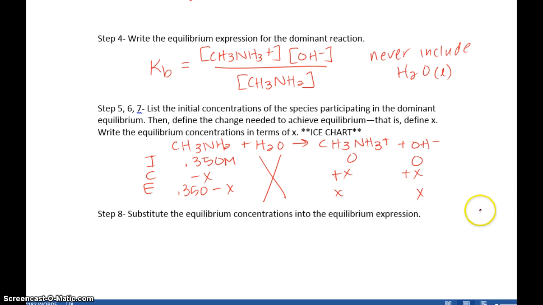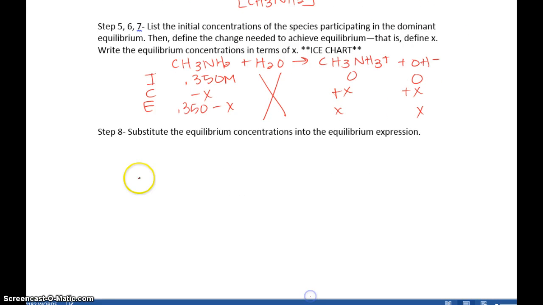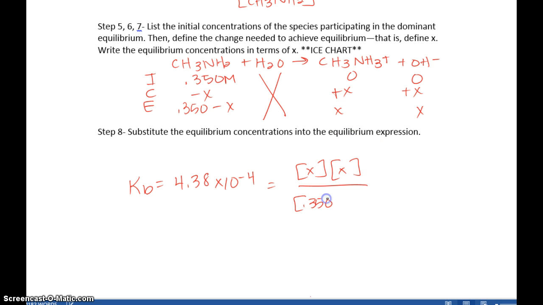We're going to substitute it in. So I have Kb is equal to 4.38 times 10 to the minus 4 is equal to X, there's my X, over 0.350 minus X. And again, there's that quadratic, just like we've had earlier.